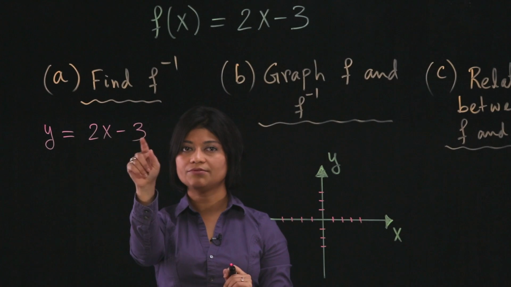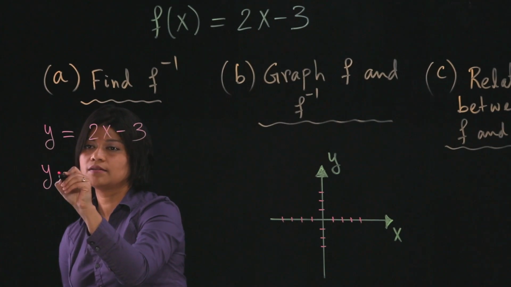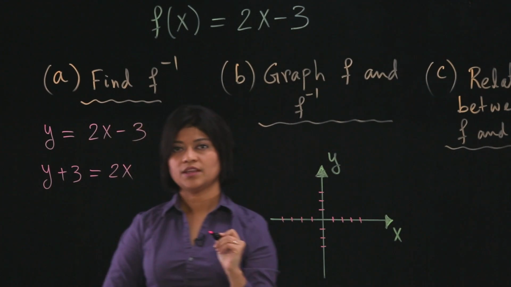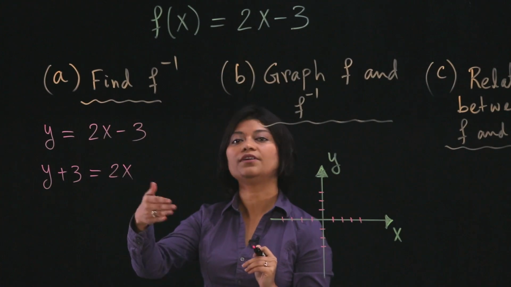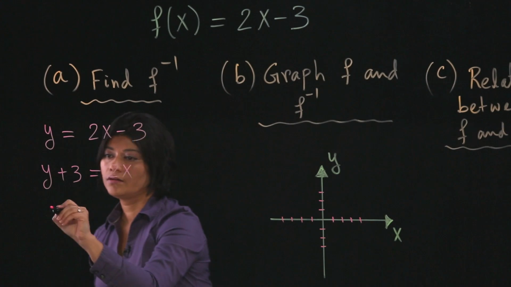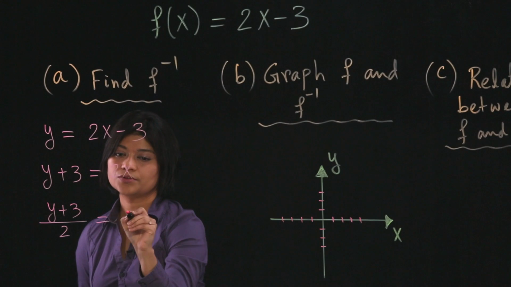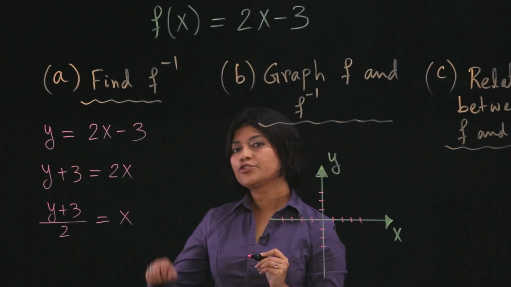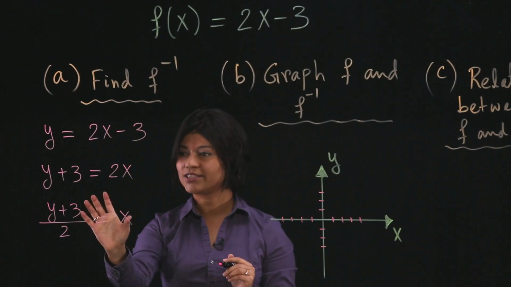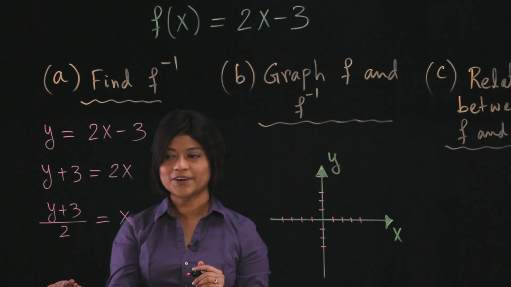So we bring this negative 3 to the left side as positive 3. So it's y plus 3, that's equal to 2x. And then we make x free of any other constant, so we divide both sides by 2. So we get (y plus 3) divided by 2 is equal to x. When you solve for x, the next step is you just interchange x and y, the variables, and you will get your inverse function.